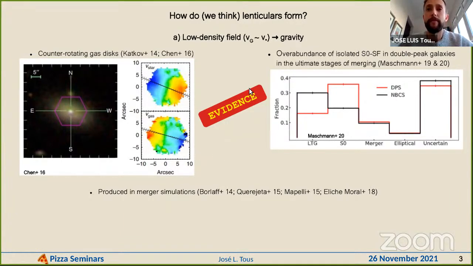Or also we find an overabundance of the star-forming S0s among the population of double-peak galaxies, which is thought to be the final stage of a merger between two galaxies. And not to mention that they are often obtained in theoretical works that produce merger simulations with a great variety of orbit configurations, and even when this scenario is poor in gas.